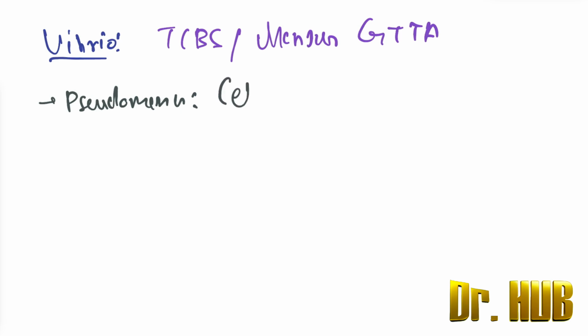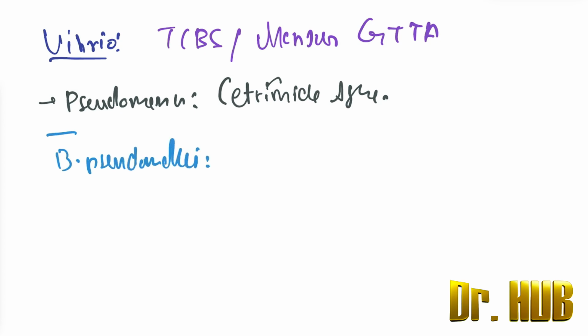Under Pseudomonas, the culture medium is going to be the Cetrimide agar. Whereas in terms of Vibrio, which is one of the most important organisms, it is TCBS and the Monsur GTTA.